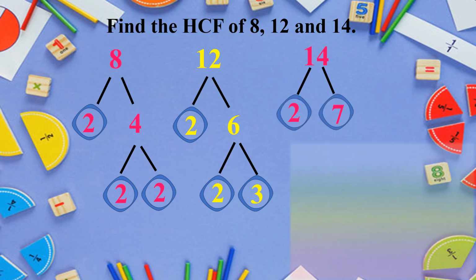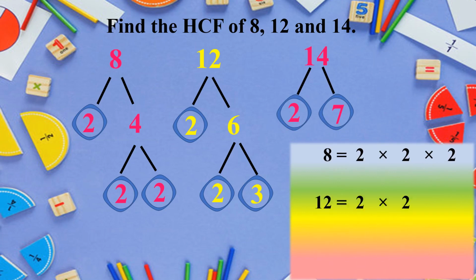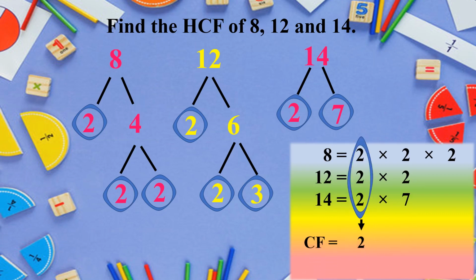We will now list the factors of 8, 12 and 14. The common factor of 8, 12 and 14 is 2. So the HCF of 8, 12 and 14 is 2.